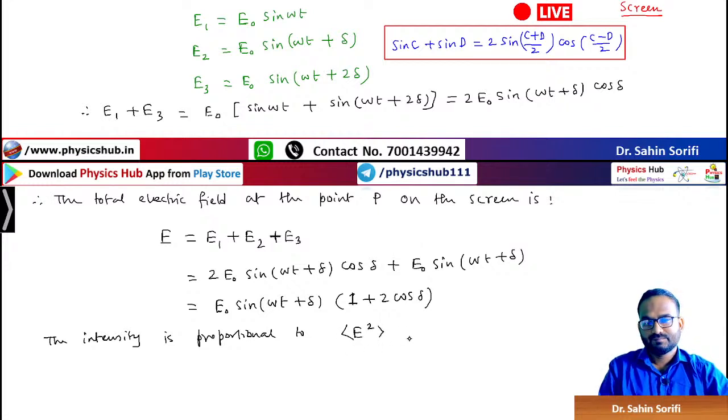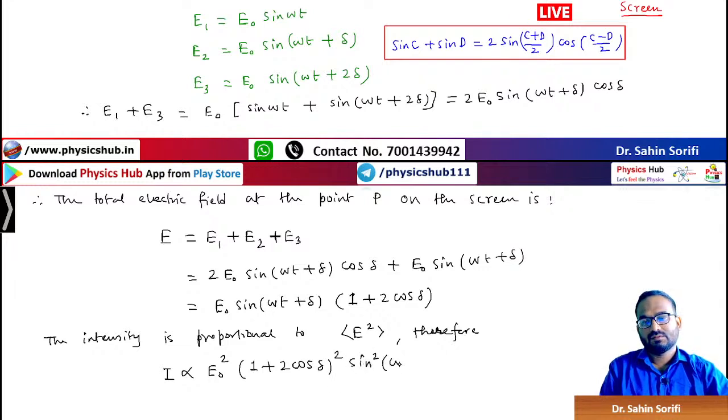Therefore, we can write that I is proportional to E naught square into (1 plus 2 cos delta) whole square into sin square(omega t plus delta).